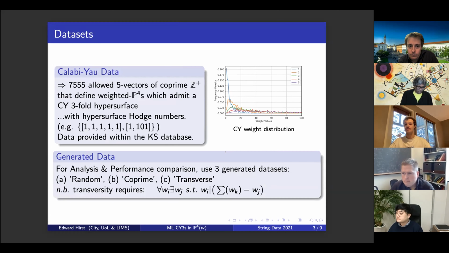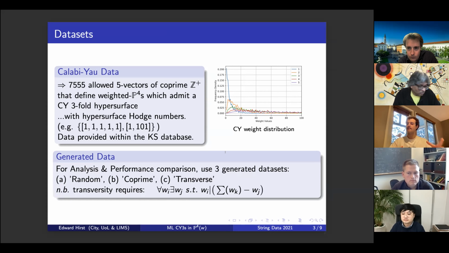As I said, first of all, just to review the data. This data set we took from the Hirst database online. Obviously, everything's set up there to be so easy to download and work with, so big thanks to them for that. This database was set up in the 90s, and a large number of people did excellent work to construct this: Candelas and Hirst, Batyrev, too many to list.